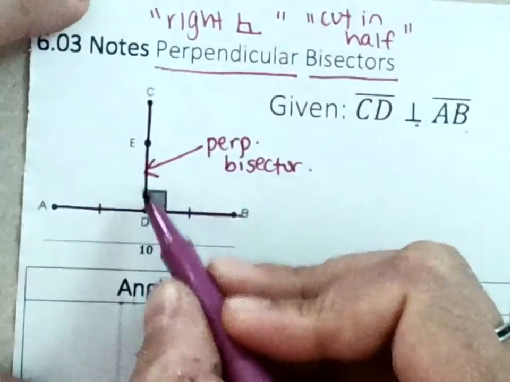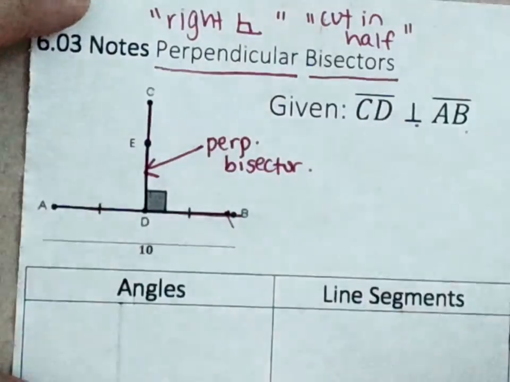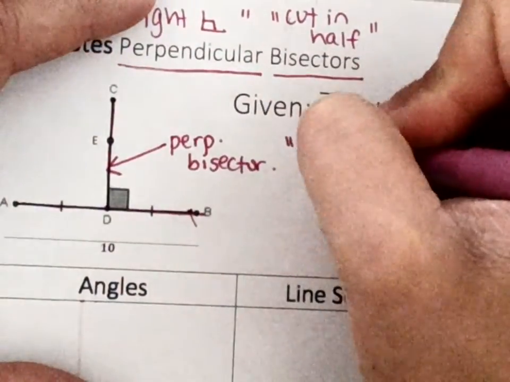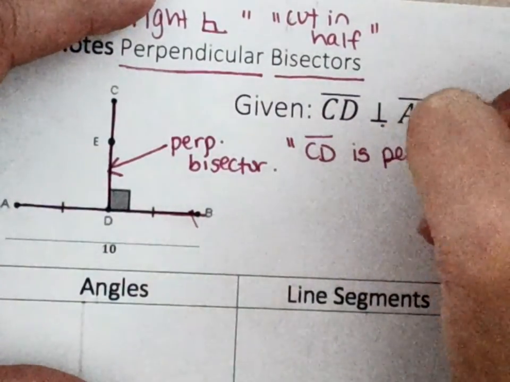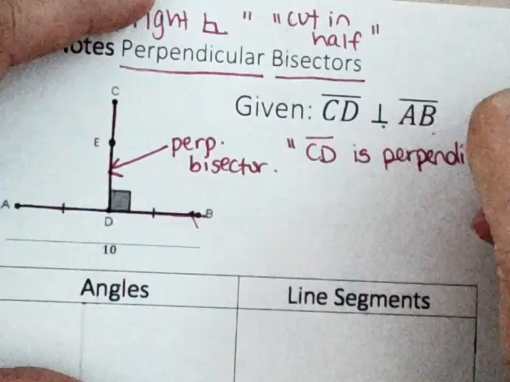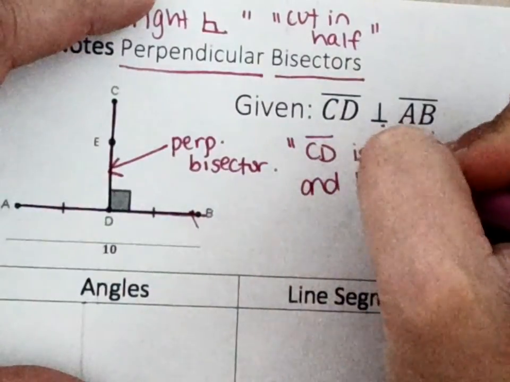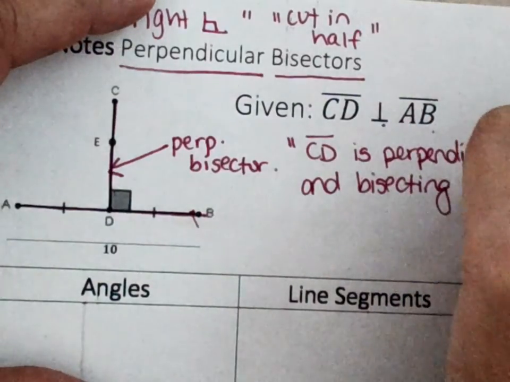Line CD is the line bisecting AB. So if we wanted to say this in words, we'd say line CD is perpendicular and bisecting line AB.